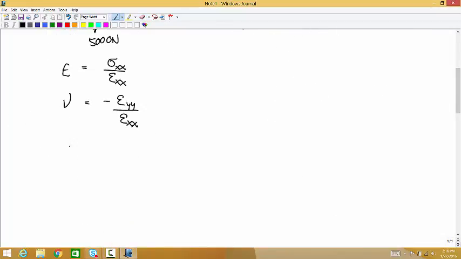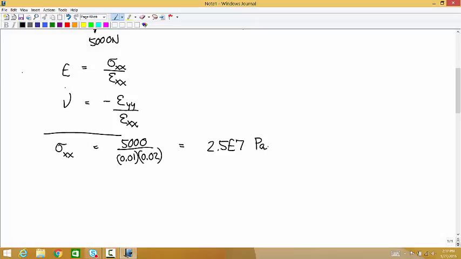Okay, so sigma xx is equal to 5,000 divided by the cross-sectional area, so that's 0.01 times 0.02. So that is 2.5 times 10 to the 7th. Is that right? Yeah. Okay.